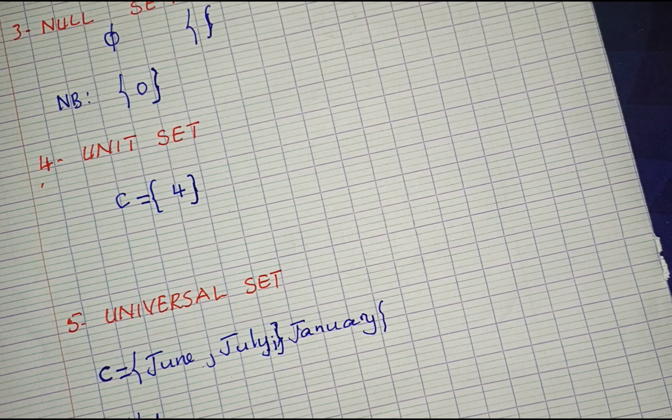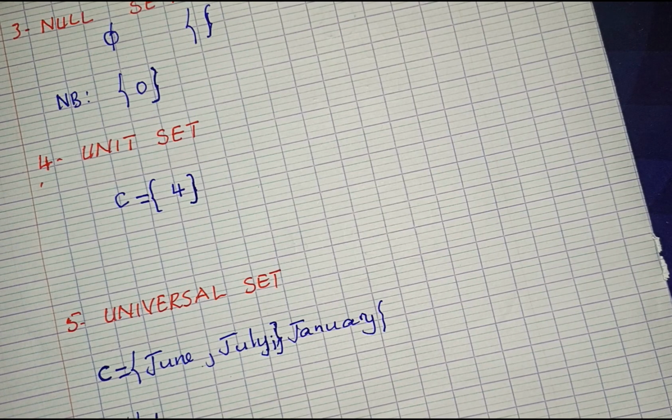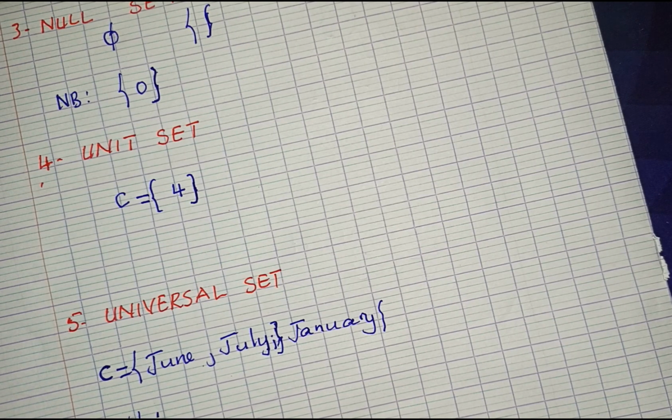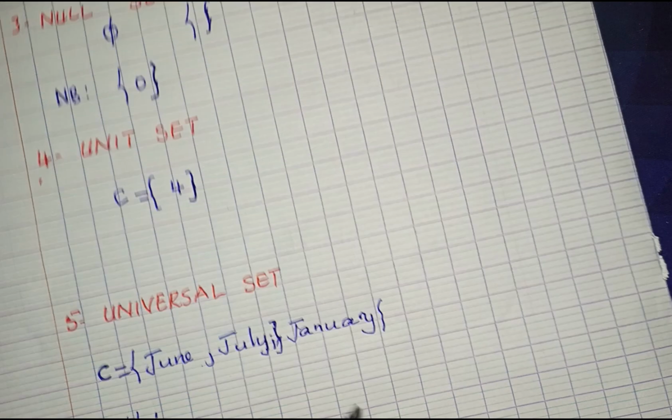So the set C is all the months of the year starting with J. So I have June, July, and January. So all these three are members of a certain set, which is all the months of the year.